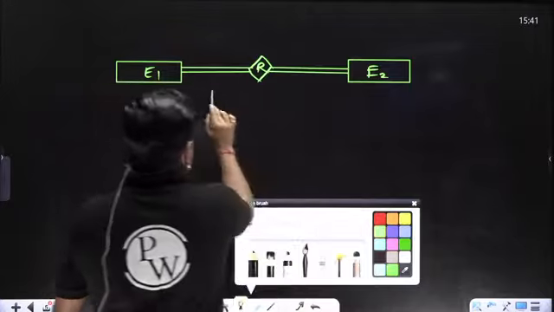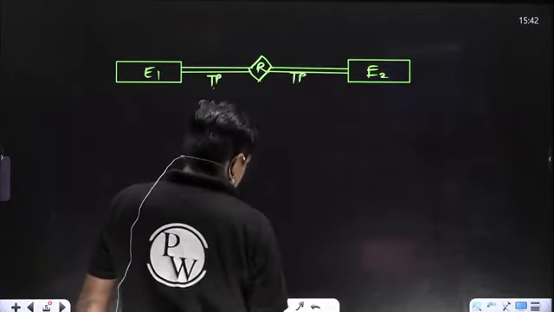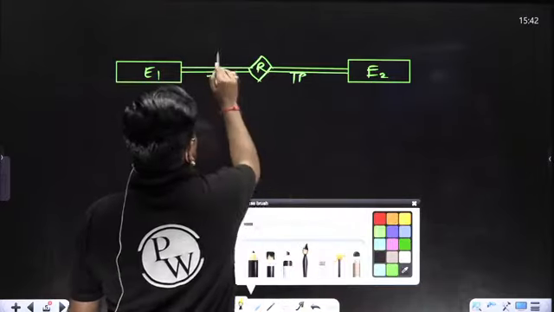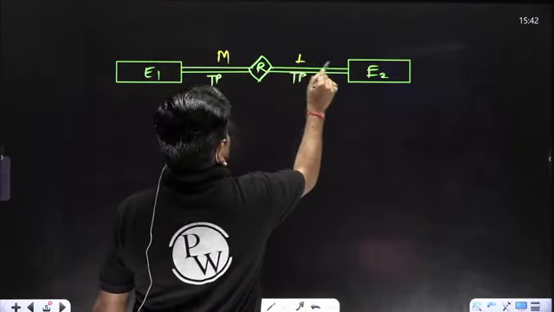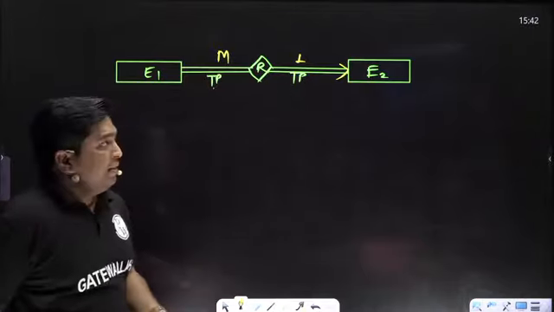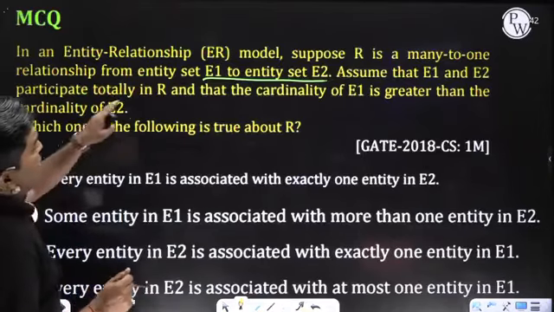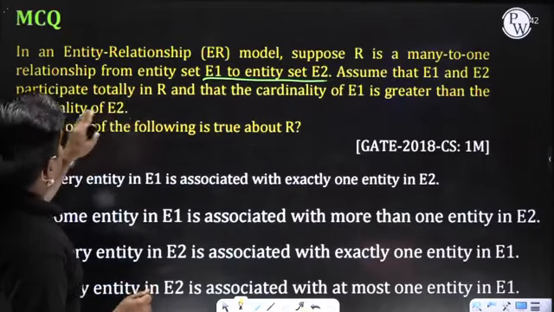It is mentioned there is total participation on both sides. And many to one means this side many and this side one. It is clear? E1 and E2 have a many to one relationship and total participation.